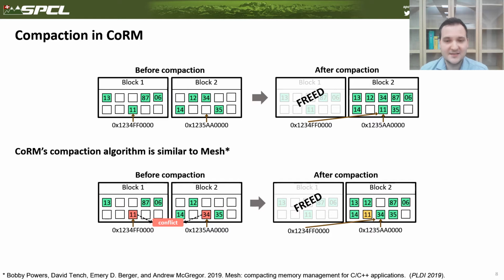In our case, CoRM can actually compact the blocks, and then it would just put the conflicting object at a different offset. And we would call the pointer to such an object a lost direct pointer. By lost, we mean that the client cannot directly access the object, but it can still find it and access it. And on the next slide, I will explain how CoRM achieves this.